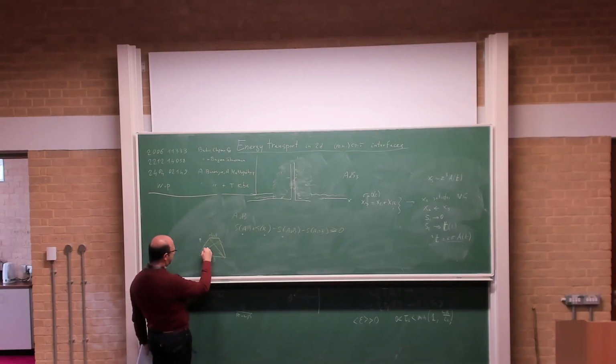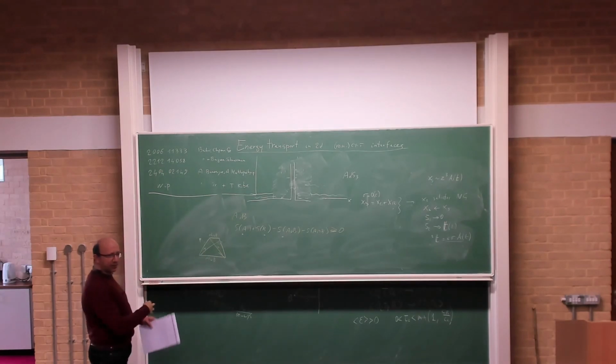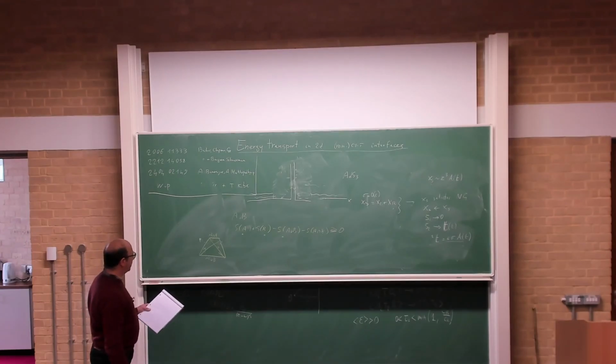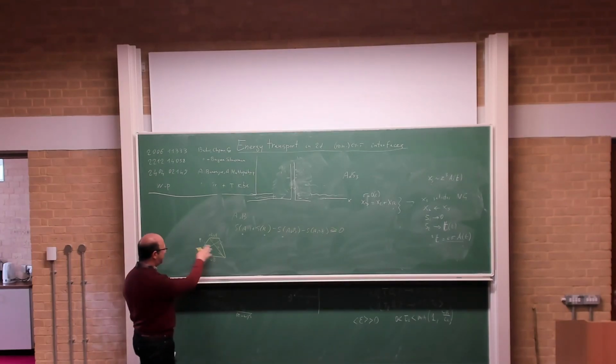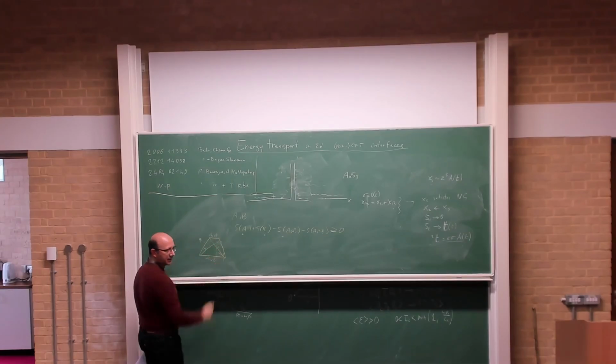So this is A and this is B. And we use the fact that the entanglement entropy only depends on the causal domain of the region. Now, when you have a defect, you can have different situations where the defect lies here, so it intersects both A and B, or it lies only here.